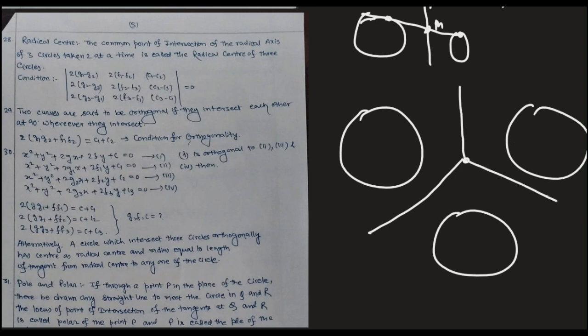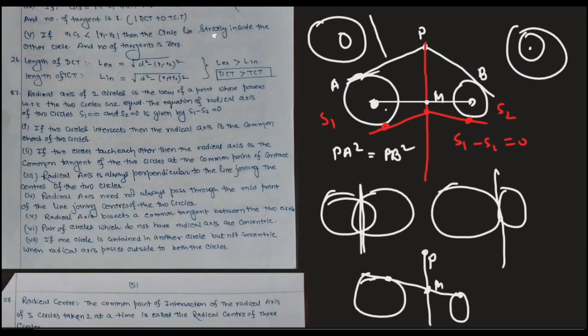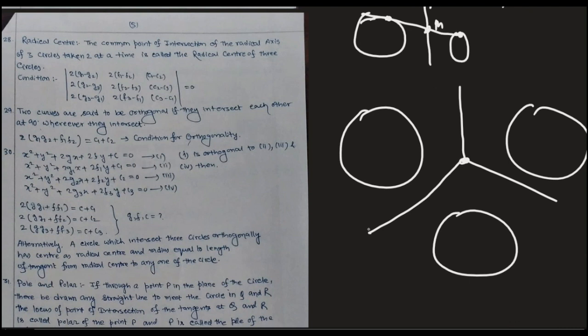The point of intersection of the radical axes taken two at a time, this point of intersection is known as the radical center. So the point of intersection of the radical axes is known as the radical center.